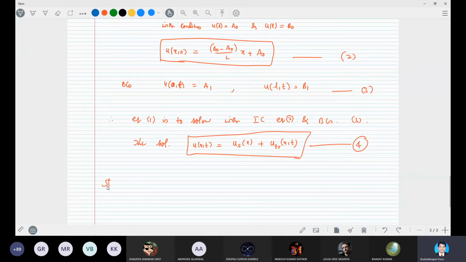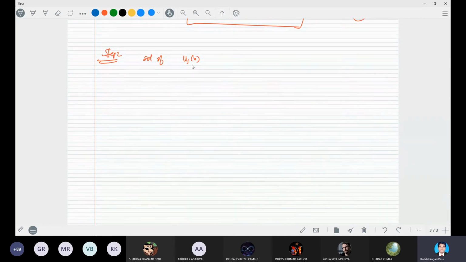Now step 2, to find the solution of us(x). This is the solution of the problem in the steady case. That means the solution of d²u/dx² equal to 0. What will be the steady case problem? d²u/dx² is equal to 0.